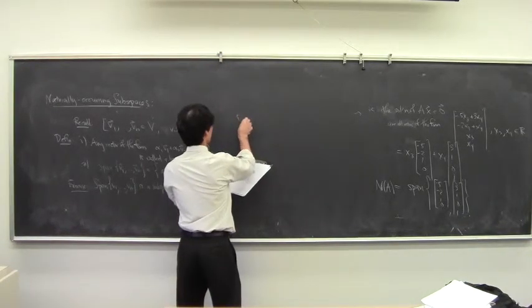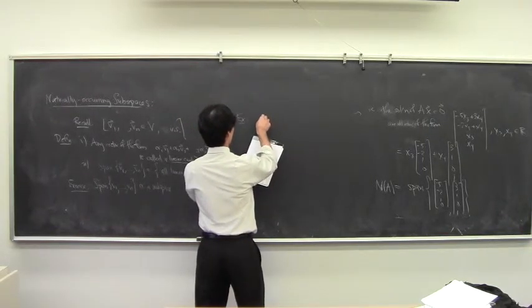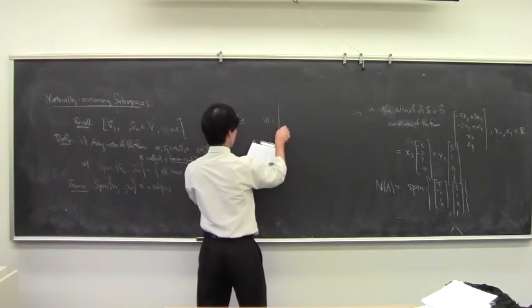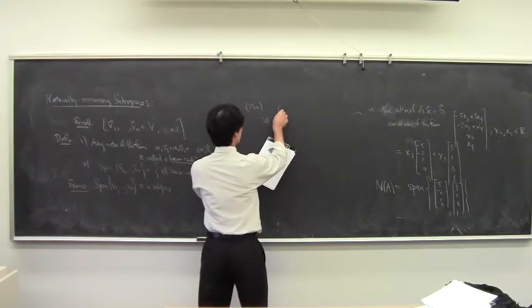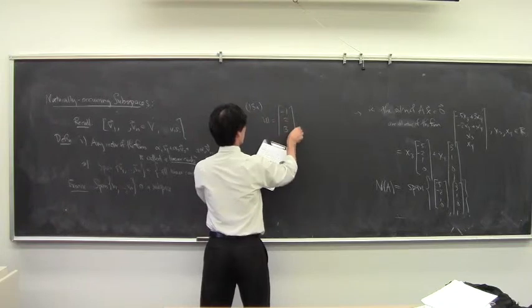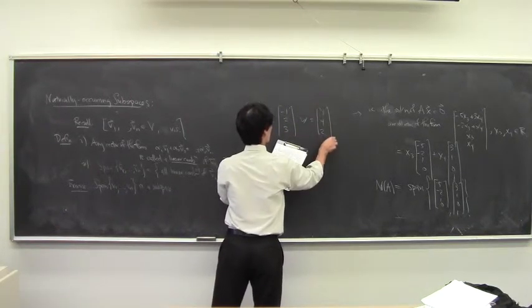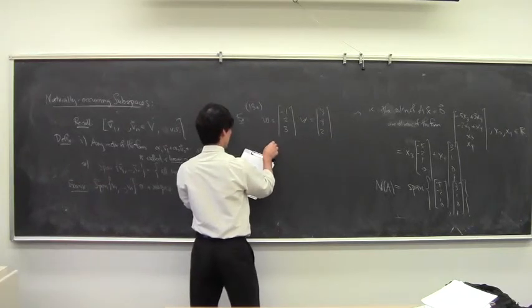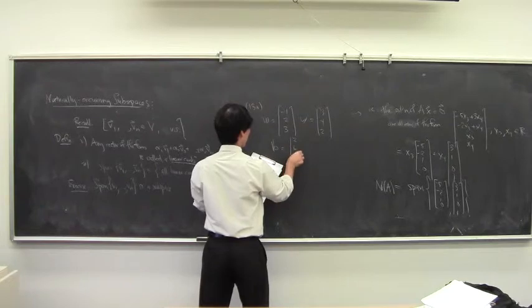Another exercise. This is problem 13 from your homework. Suppose I give you one vector, -1, 2, 3, and another vector, 3, 4, 2. And I give you some vector b, and b is 2, 6, 6.